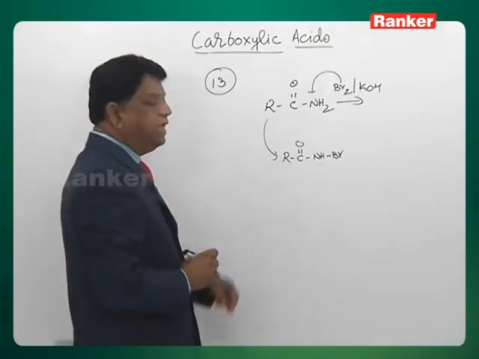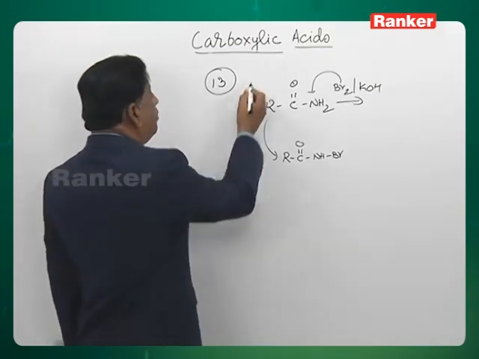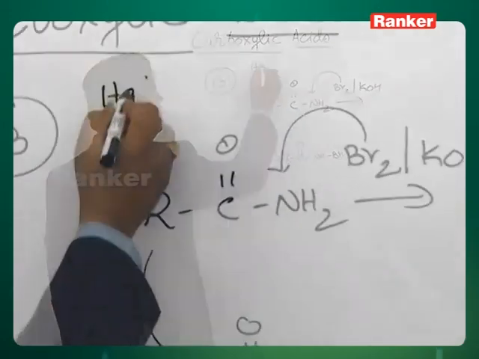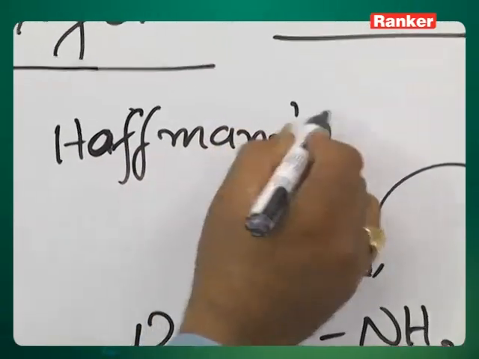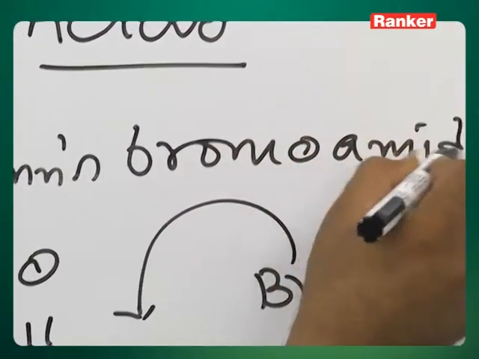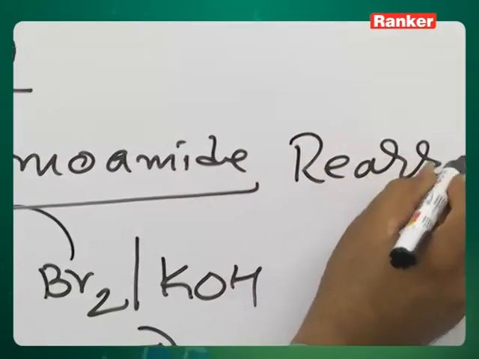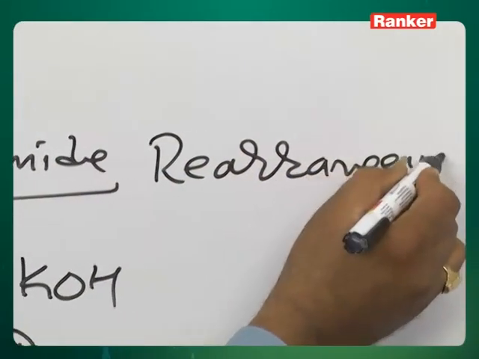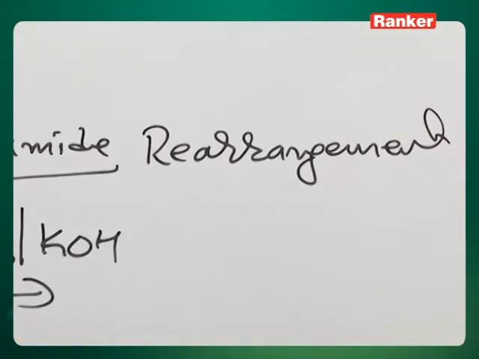The name of the reaction is Hoffman's bromamide rearrangement. The reaction itself is called Hoffman's bromoamide reaction or bromamide rearrangement reaction. There is a rearrangement involved, not in the overall compound, but at one step we find a rearrangement.